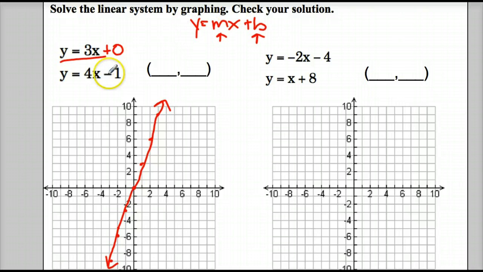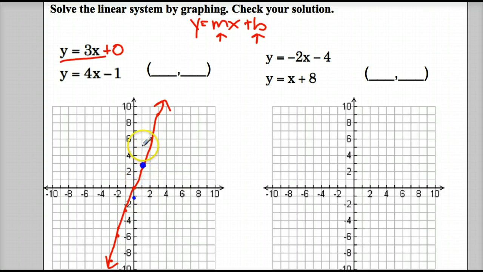Now we're going to change our color for y equals 4x minus 1. What's our y-intercept for this one? Remember, y-intercept is b, and our b is -1. So we put a mark at y equals -1. And our slope is 4x this time. So we go up 4, 1, 2, 3, 4 over 1.